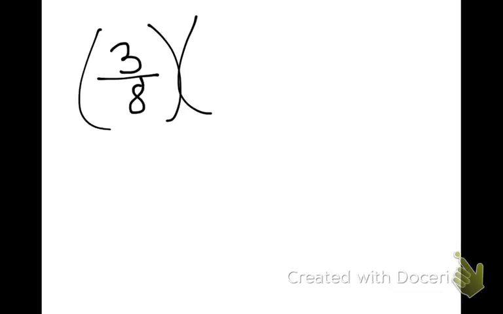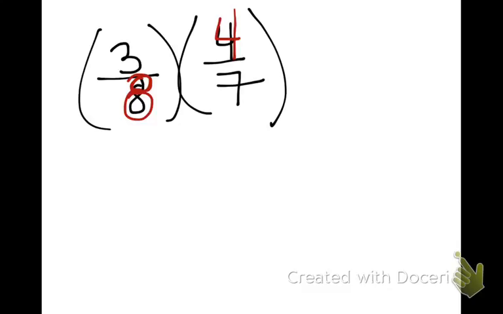So, let me give you an example to help support what we just said. Let's say we have 3/8, and we want to multiply that times 4/7. I can see right away that I have a 4 and an 8. So those kind of go together.